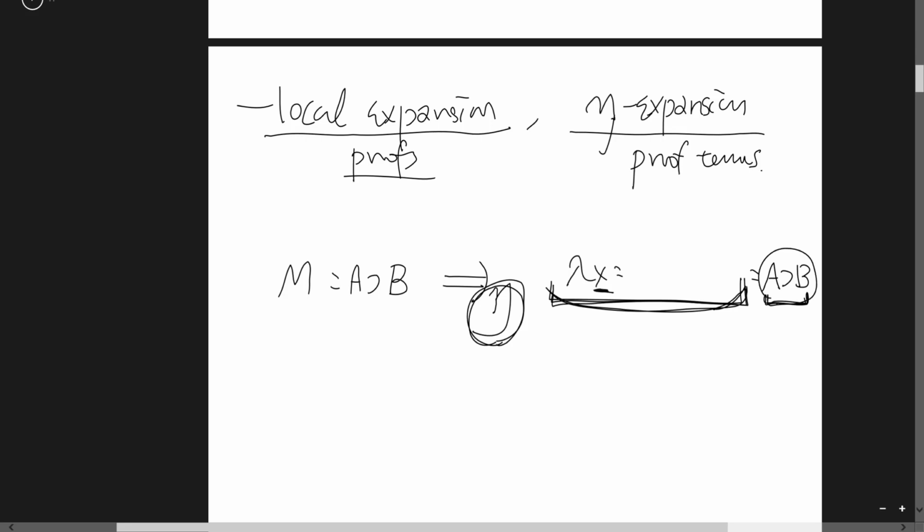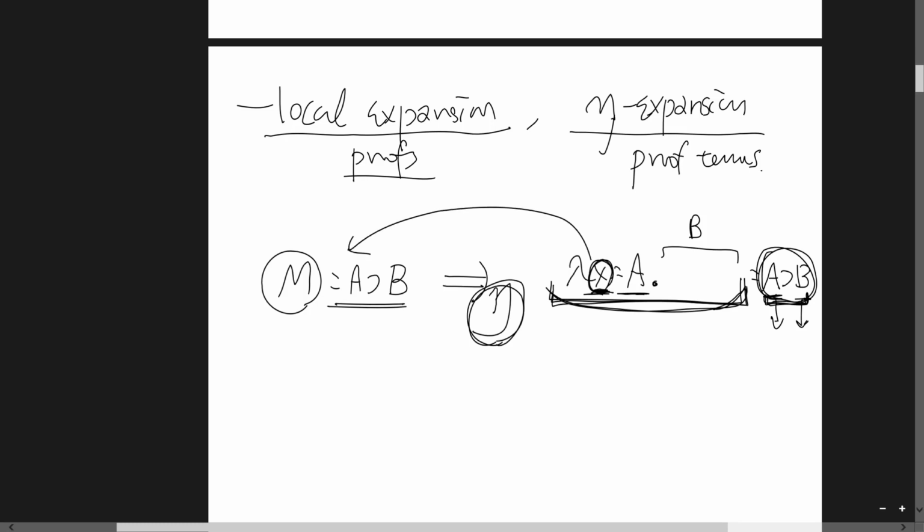So X must have type A, because this type A implies B means the argument has type A and the return type is B. So the argument X is going to have type A. Now you have to build a proof term of type B. But it's pretty easy because you have a proof term M of type A implies B and X of type A, so you can use X as the argument to M. So the body is going to be M X. So this is the eta expansion for this implication.